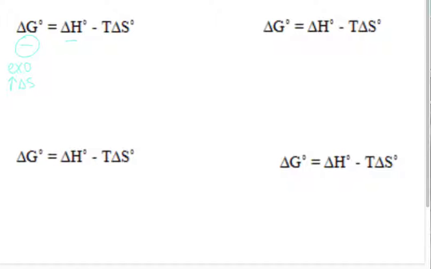If I have an increase in entropy, what's the value of delta S? Positive. So keeping in mind that we're on the Kelvin scale, all temperatures are positive, right? Don't worry about signage on that. At what temperatures would this reaction maintain a negative delta G? All temperatures.